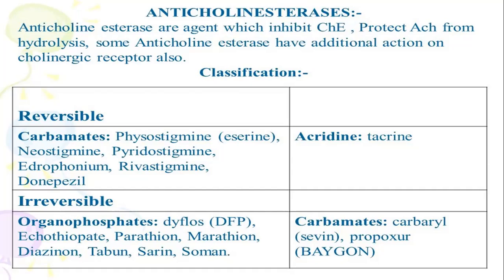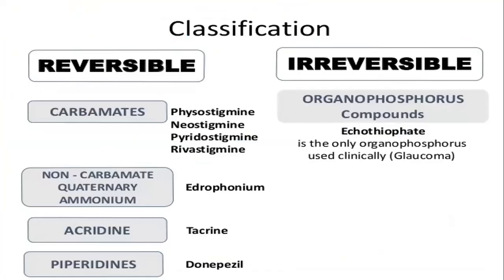You will be seeing them as you go to clinical classes. So, Baygon spray, you have learned about it. It is a carbamate. You have seen it as a killer of mosquitoes, we use it. So, these are anticholinesterases, reversible and irreversible. So, this is the classification.